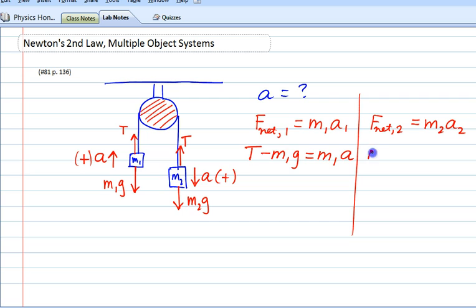So that means M2G will be positive, and then tension will be negative, and that will give us M2 times A. Okay, so there's two equations with two unknowns, tension and acceleration. And if we want to figure out the acceleration, we can just solve for tension and plug into the other. So the easiest way to do that is just to rewrite the first one, and below that rewrite the second one just slightly.